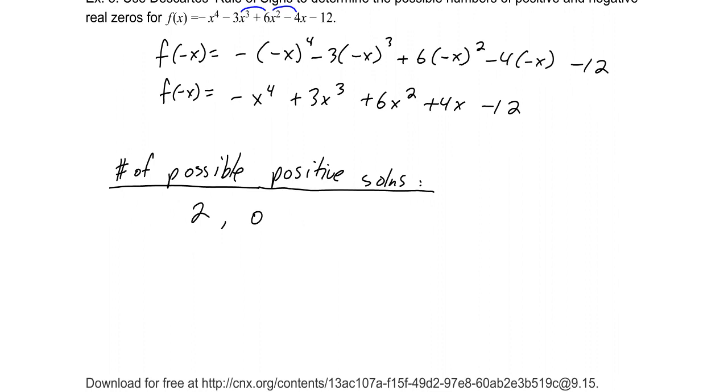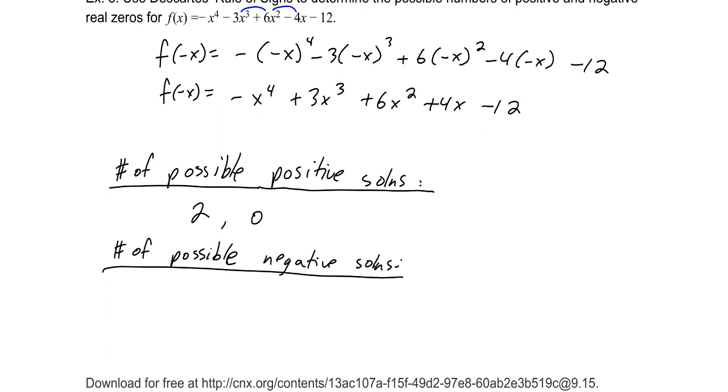All right, and now for the number of possible negative solutions. For negative solutions, we're just looking at sign changes in f of negative x.